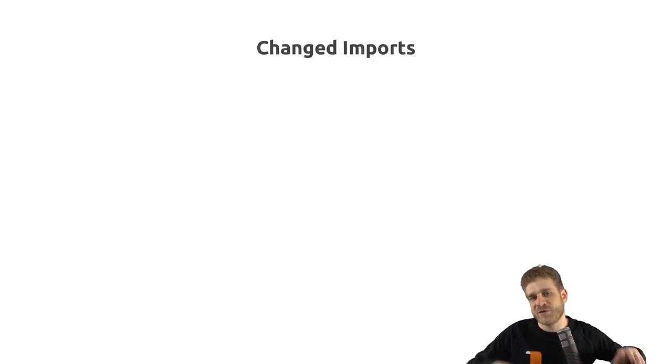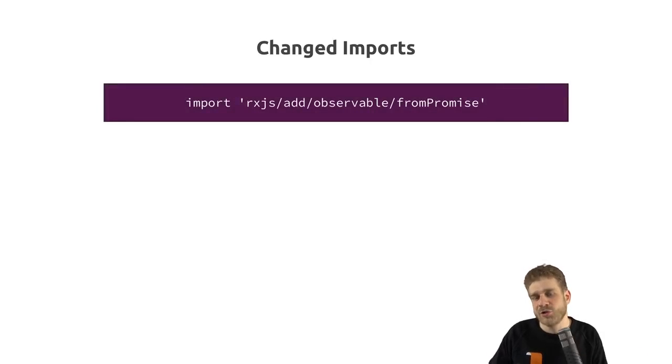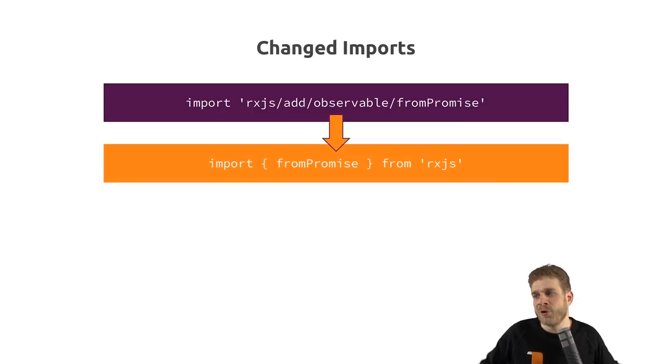Now, if you have observable creation methods like fromPromise, in the past you used import 'rxjs/add/observable/fromPromise' to patch this function into the Observable object, so to say. In the future, you'll import fromPromise from 'rxjs', so from the same path where you import Observable, and then you execute it just as a function.